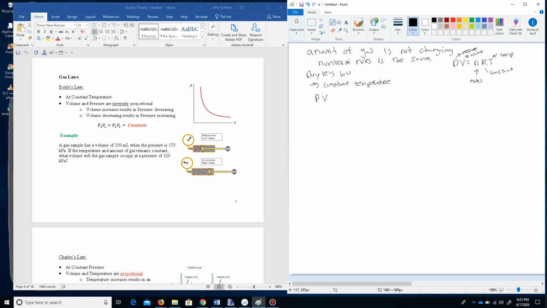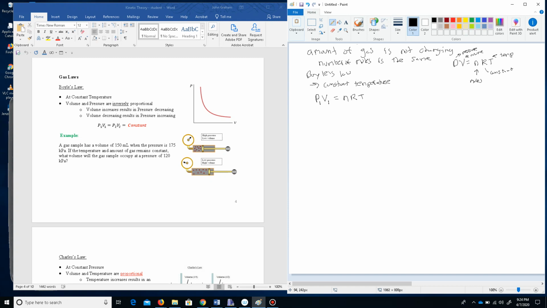Let's say we have an initial state, I'll call it 1: pressure in the original state 1, volume in that original state 1, and it's going to equal nR, which is a certain amount of gas, all constant, and the temperature. We could call it temperature in state 1, but remember we aren't changing the temperature, so I'm just going to call it T.